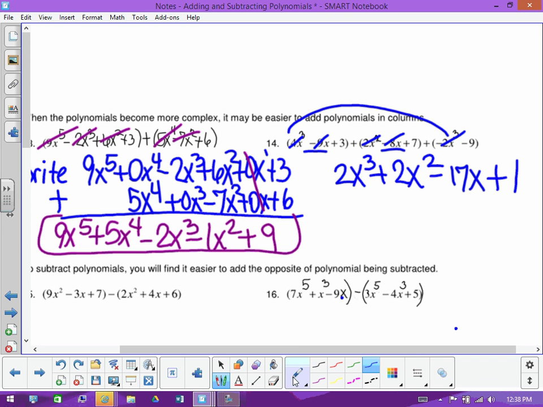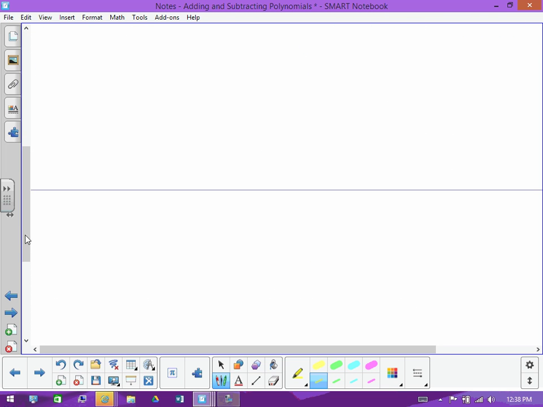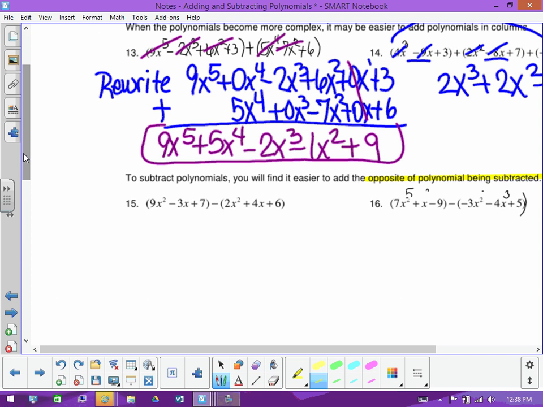It is easier to add the opposite. So, when you work these problems, if I don't see it on your paper and you miss it, I'm going to put a big old X on it and you have to go do it over again correctly. Because this says to subtract polynomials, you'll find it easier to add the opposites of the polynomial being subtracted.